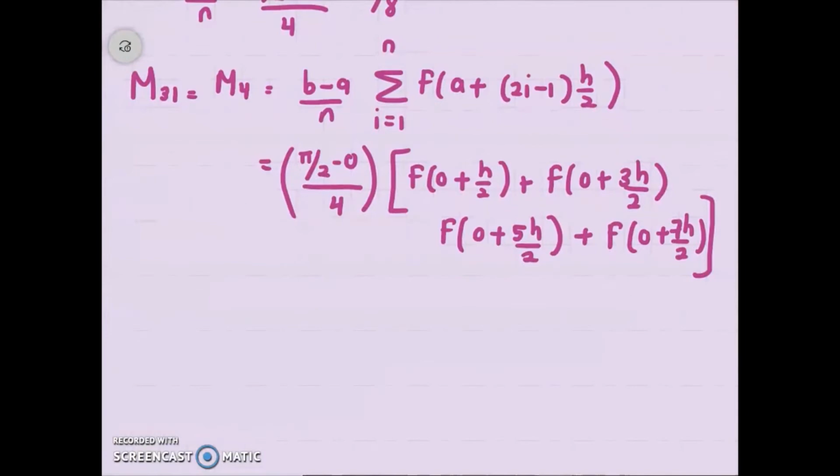Okay, so these are all the 4 terms. Again I'm repeating here, this is i equals 1, i equals 2, this is for i equals 3, and this is for i equals 4.